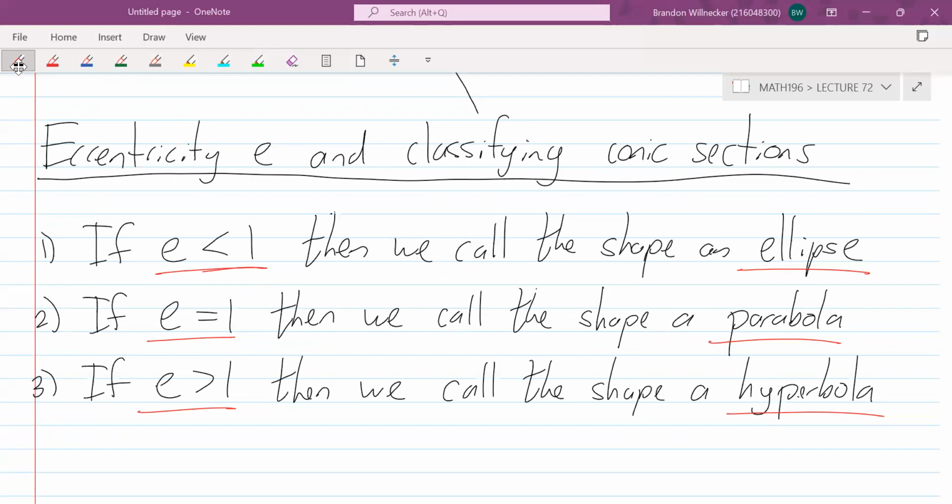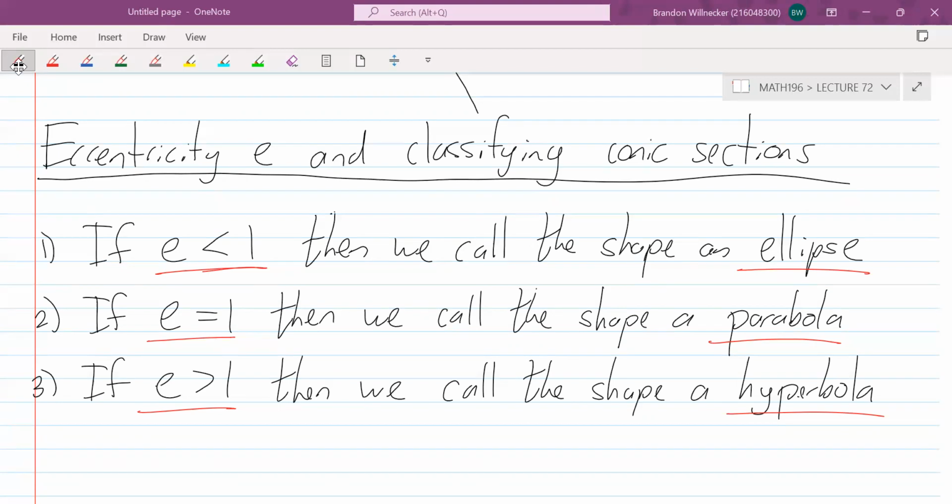Now, like I said, this idea of conic sections is to unify these 3 different shapes into one group that we call conic sections. And together with this, we have the so-called conic section equation. Okay, so it's one equation or one form of an equation that describes all 3 of these shapes.